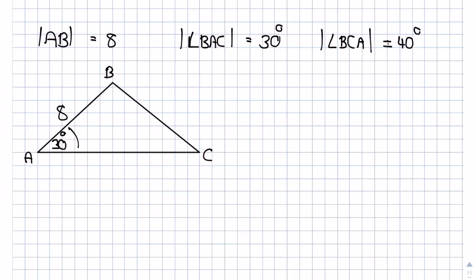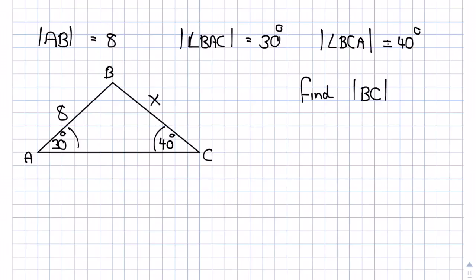And the angle that goes from B through C to A is 40 degrees. So there's our triangle. And we're going to use the sine rule to find BC. So we want the length of the line that goes from B to C. So I'm just going to call that x.